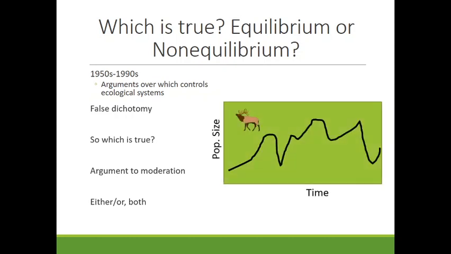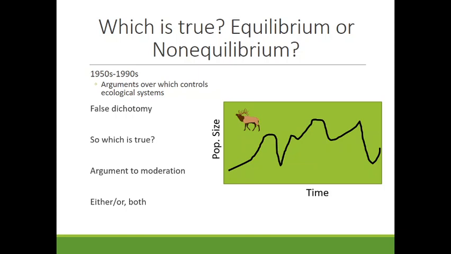So when we see a population, let's say of elk, fluctuating wildly through time, there might be equilibrium processes going on in this example. There might be non-equilibrium processes going on. It might be both of them.